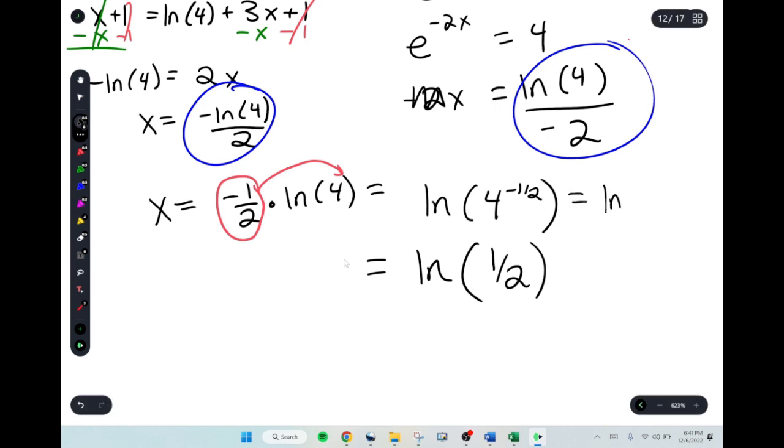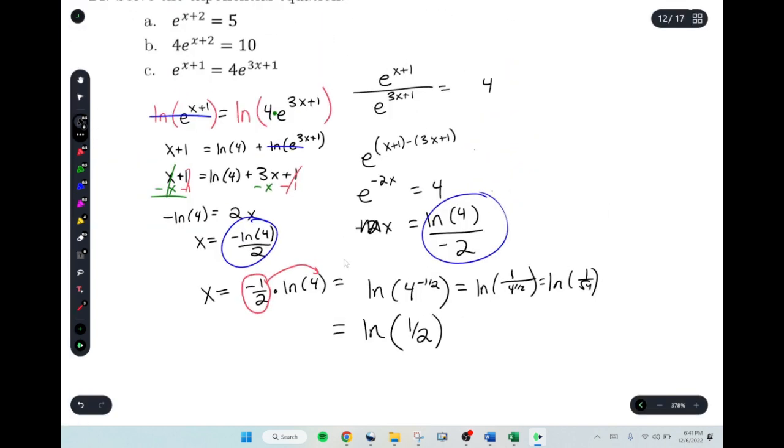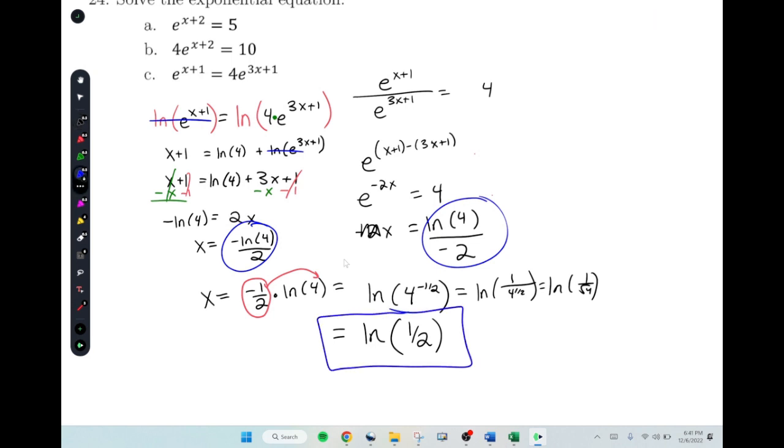Because that's ln of 4. Well, wait. Ln of 1 over 4 to the 1/2, which is ln of 1 over root 4, which is ln of 1 over 2. Guys, that's so cool. Look at how simple that problem ended up being. Or not simple. Look at how reduced that problem ended up getting from the beginning.